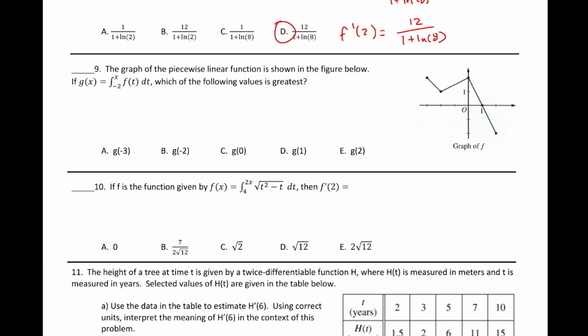Okay, so let's figure out what g of x is here. So when you integrate this, well, maybe I'll hold off here for a second. Let's start with g of negative 3. So that'll be the integral from negative 2 to negative 3 of f of t.